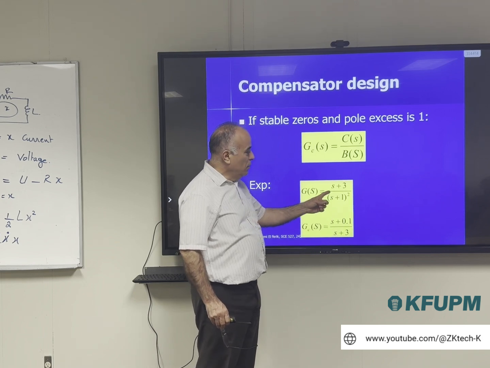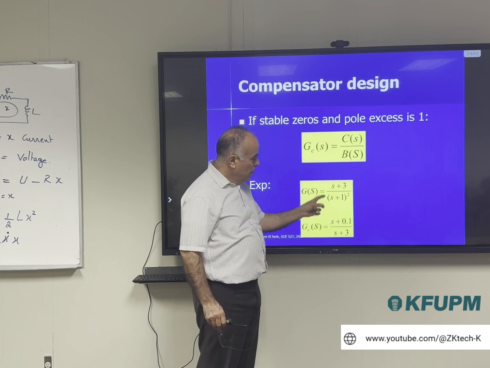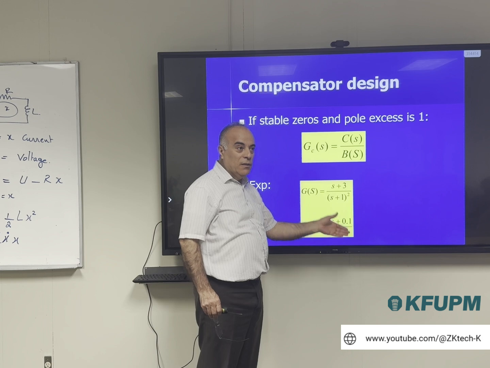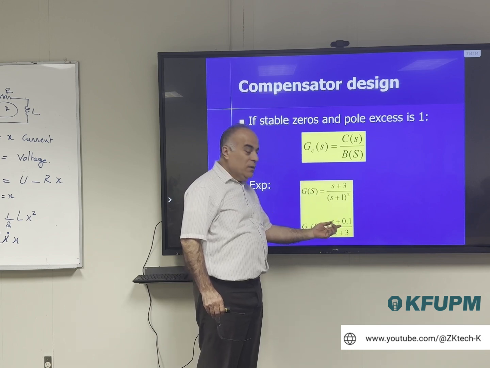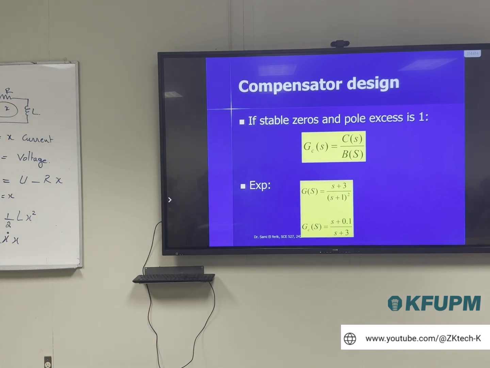In order to make this system passive, we changed G of S. We took off the zero that is in advance and made the pole slower, and we were able to make the system passive. Work on it, do the equations, and you will see how it works in terms of design.